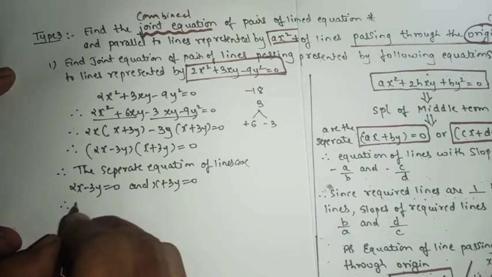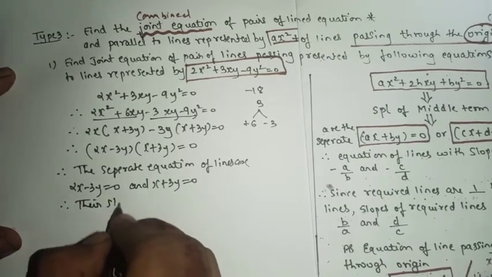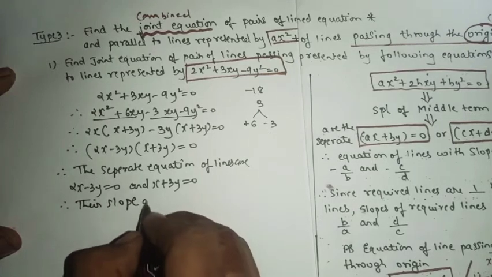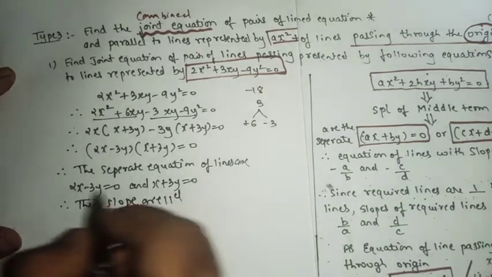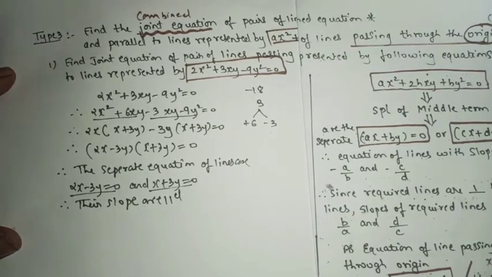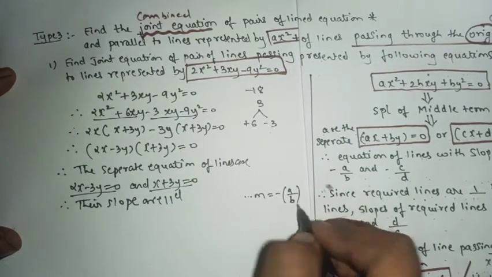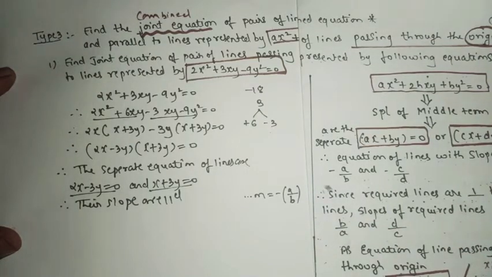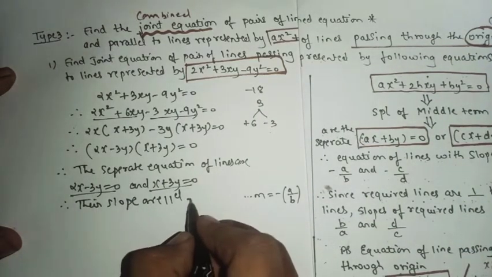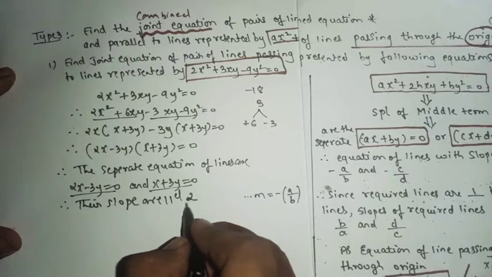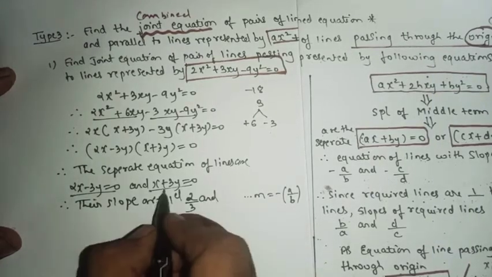So their slopes are parallel. In parallel the slope will be same, using the concept that m equals to minus coefficient of x upon coefficient of y. So for this the slope will be what? 2 by 3, and for this the slope will be what?